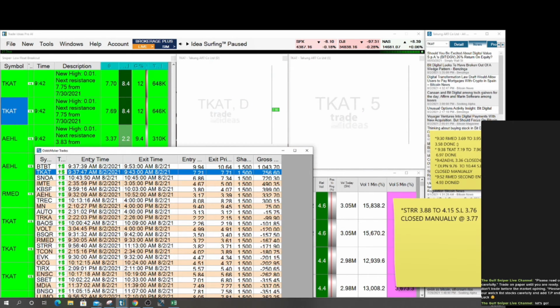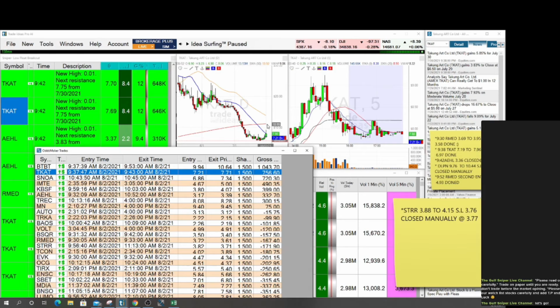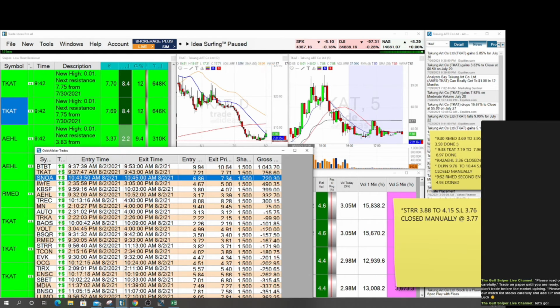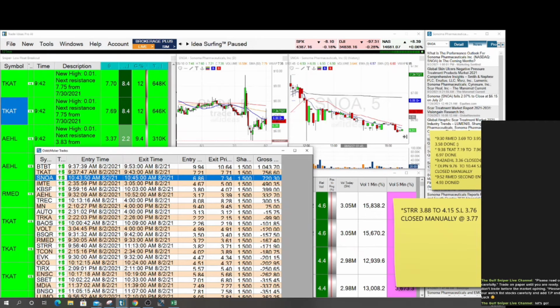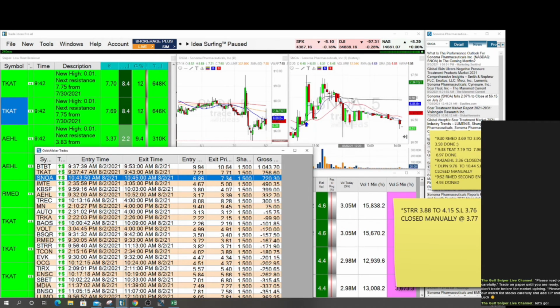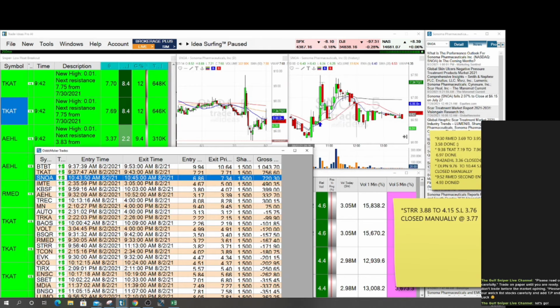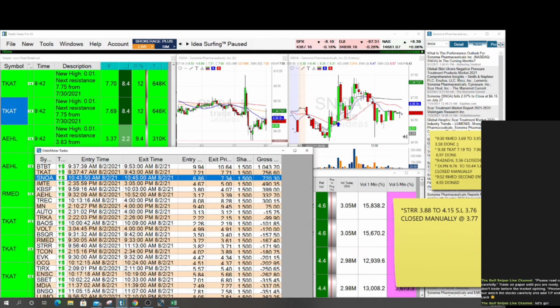TKAT, we talked about it, and again I'm expecting that it will reach the early 11s. SNOA was doing good also, has tested the 50 days moving average, and our entry was perfect with momentum and at a good position, and it gave you your 7%, and then it went down.